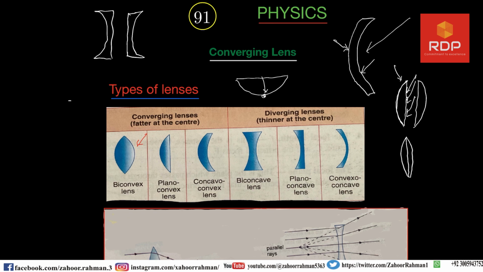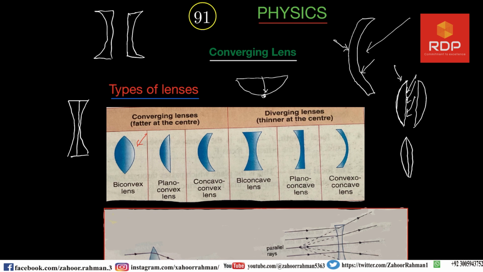When they are combined together, they make a biconcave lens, so two plano-concave lenses are combined in this type.